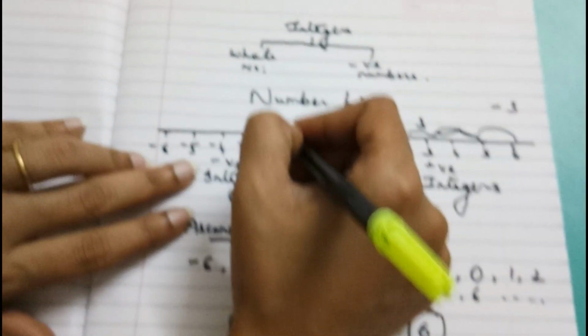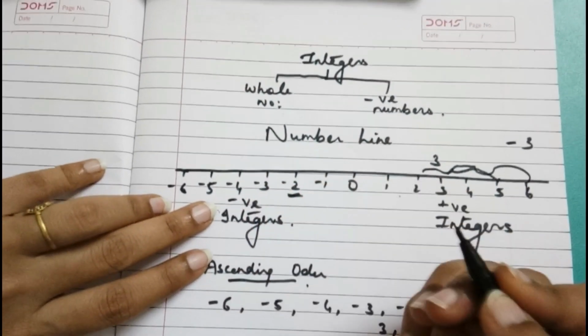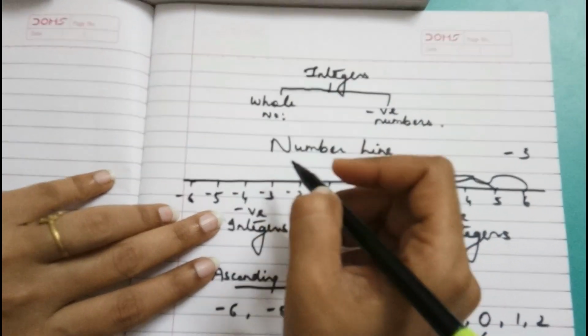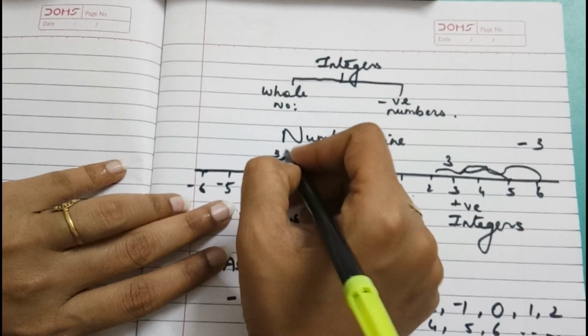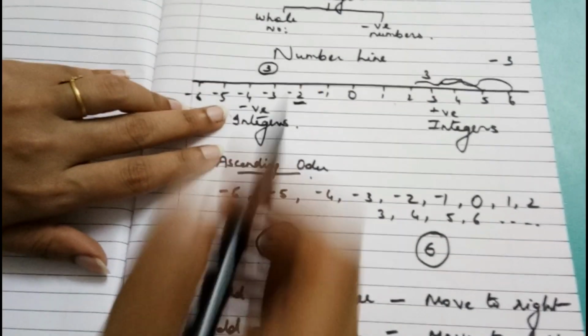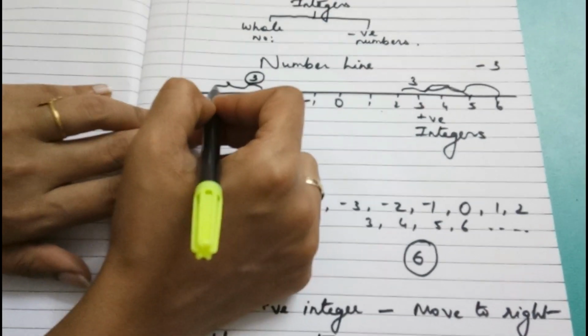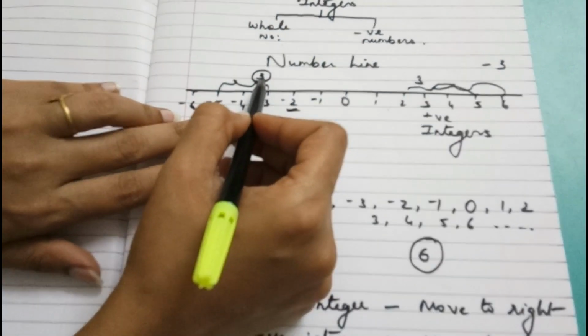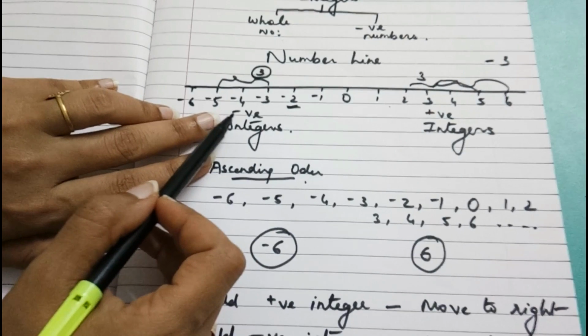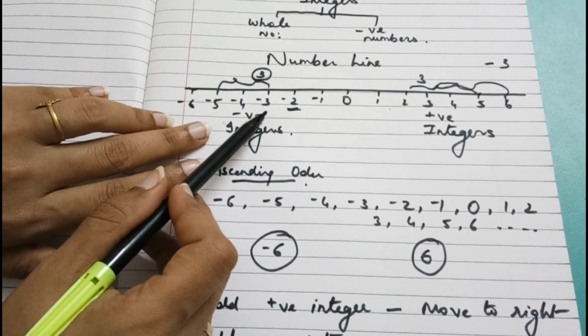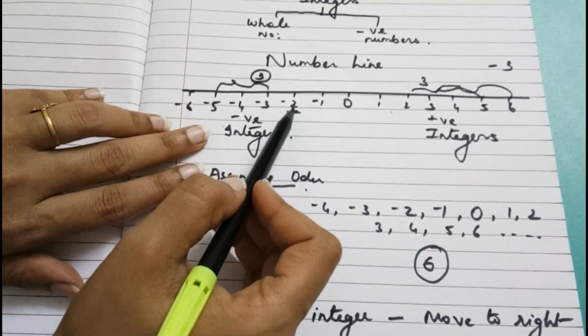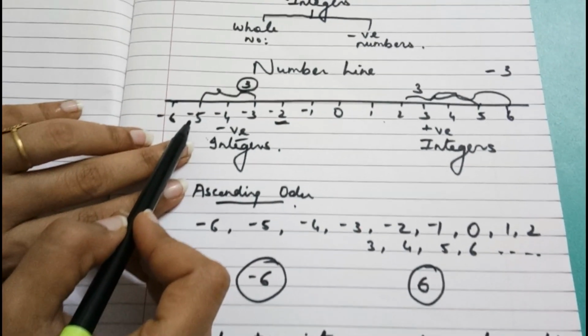This temperature today was 2 degrees and it dropped down by 3 degrees. So here this 3 is a positive integer. The result will ultimately be minus 1 since it dropped by 3 degrees. So here when we subtracted a positive integer, it moved towards left.